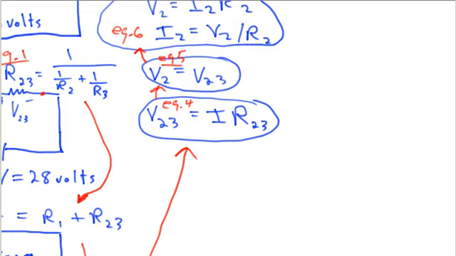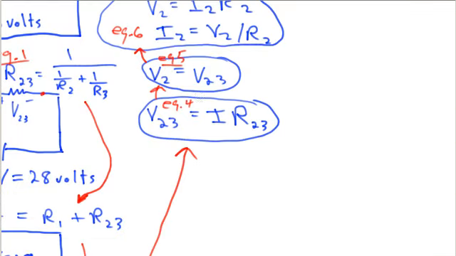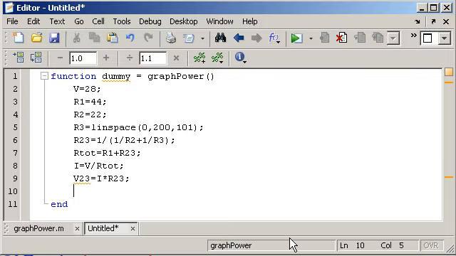Then I'm coming up to equation 4, V23 is equal to I R23. V23 equals I times R23. Put a semicolon on there. And then V2 is V23.